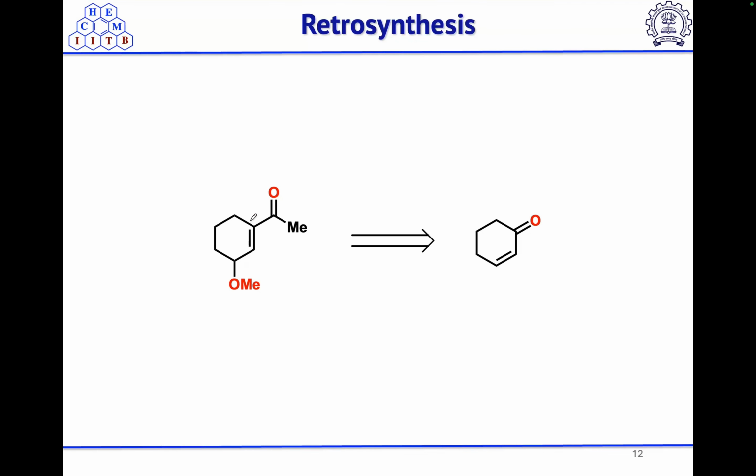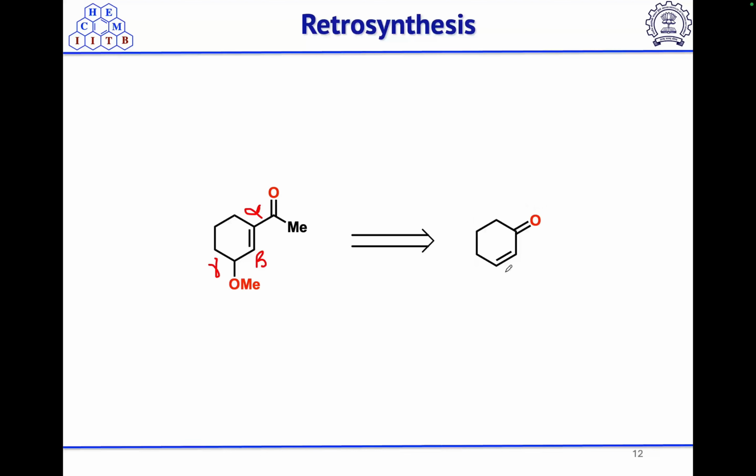This is the alpha, this is the beta carbon, and this is the gamma carbon. So where are the substituents? At the gamma carbon we have this methoxy, and alpha beta has the double bond unsaturation and this carbonyl compound.